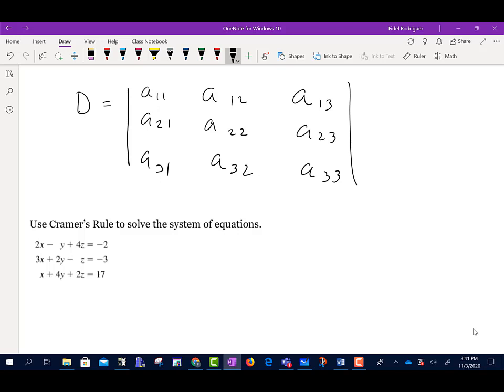Rows and columns, right? That's how I'm going to find the D determinant when I have a 3 by 3.